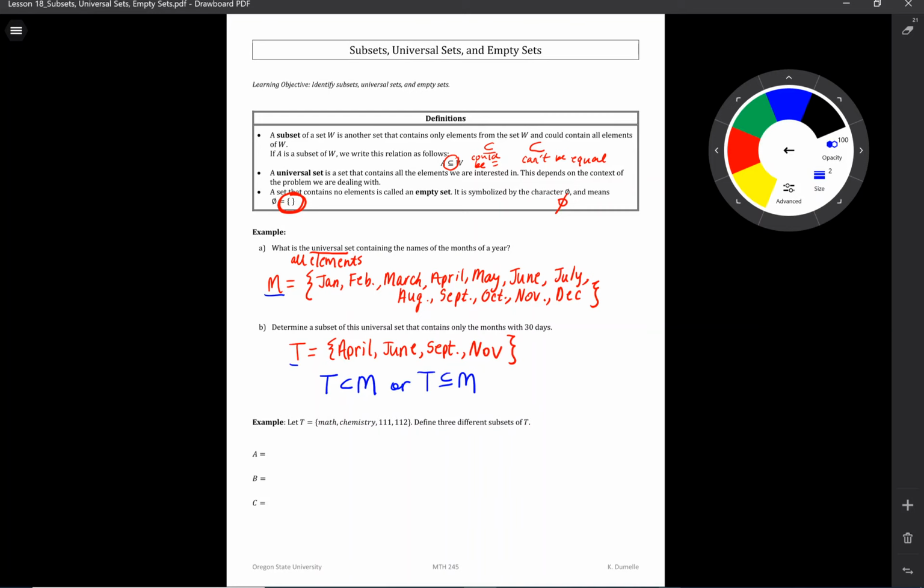So I'm going to call A the empty subset, or we could also denote it like this, because the empty subset is a subset of everything. Even though there are no elements here, we define the empty set to be a subset of everything. Maybe I'll write that down. The empty subset is a subset of everything.